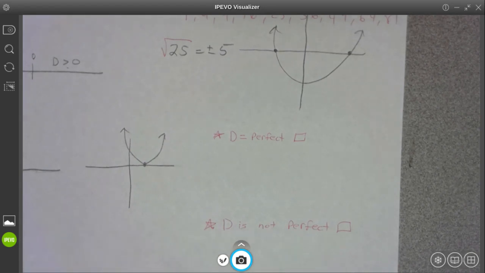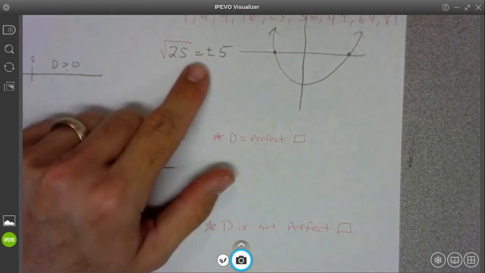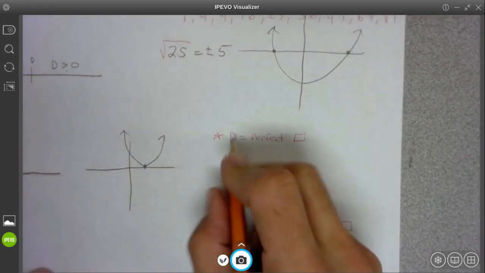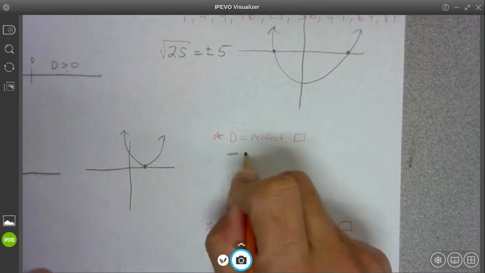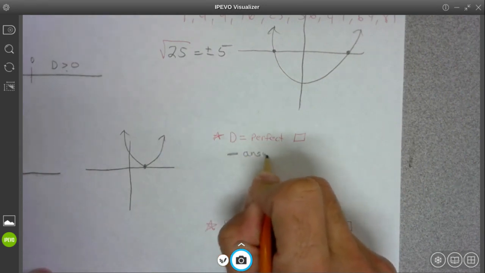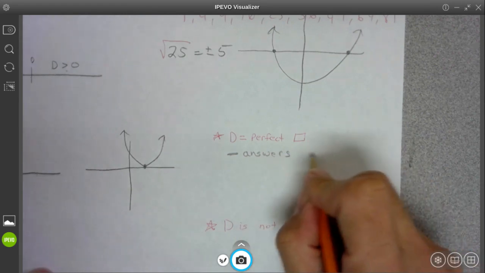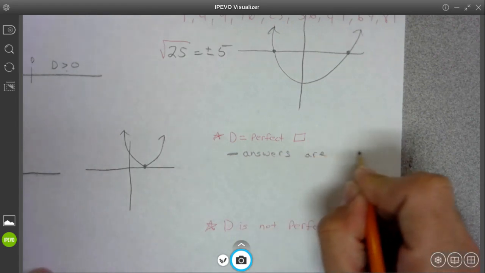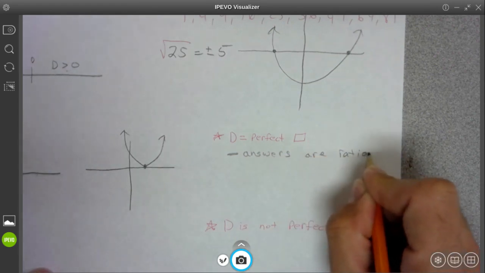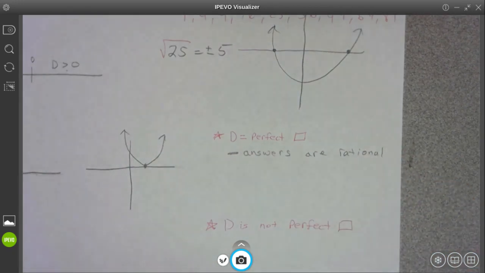Now, there's still going to be two real solutions either way, but when this happens, this means that the answers or the solutions are rational. Rational numbers just means that they are fractions, or they can be thought of as fractions.